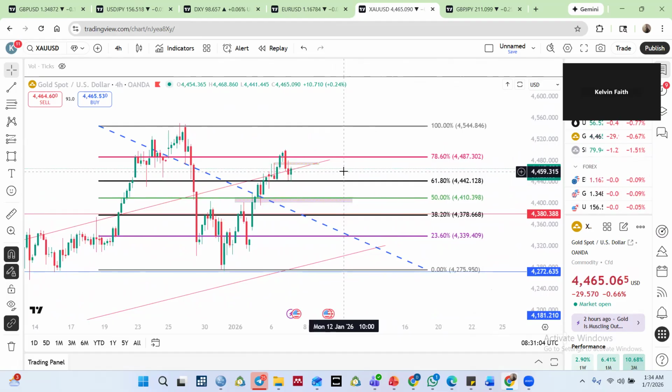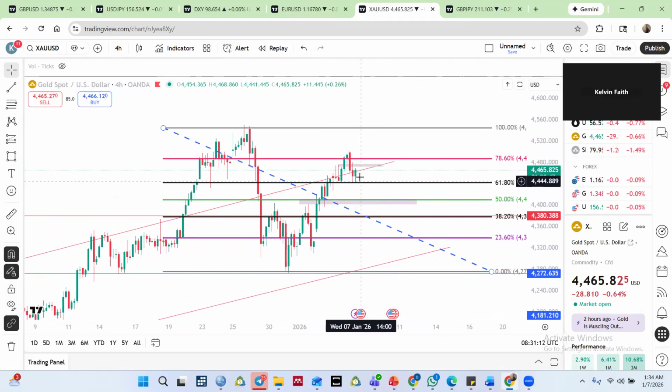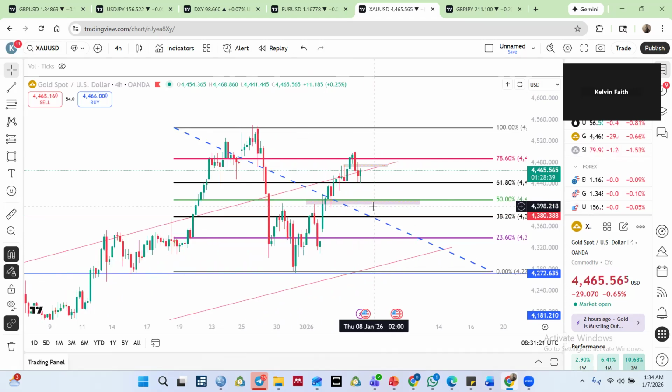But what I'll be expecting is 78.6%. It's just dropped into 61 right now. So this is a good retracement for a buy, for the buy to continue. But I'm hoping to see gold retrace all the way back to 50%.